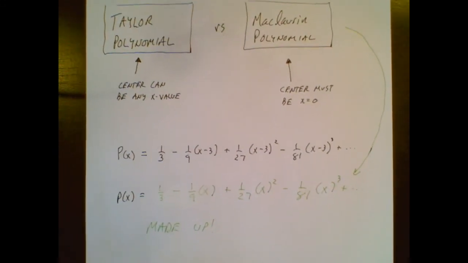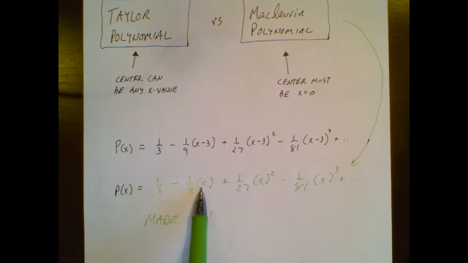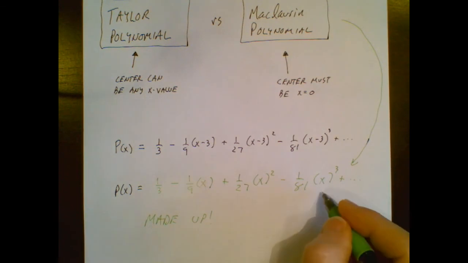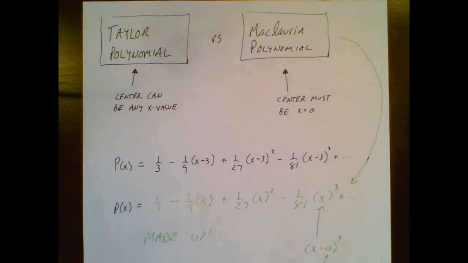I didn't go ahead and calculate it. But if for some reason we got a Taylor approximation, we got a polynomial approximation and it looked like this, I would know right off the bat that this is a Maclaurin polynomial, because x cubed is like x minus 0 cubed, and 0 is the center of attachment, thus making it a Maclaurin polynomial.